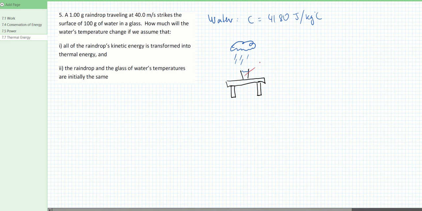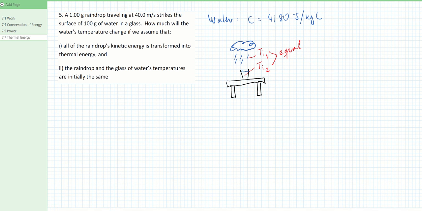So that means that the Ti2, and let's call the raindrop here our Ti1, are the same. So these are equal. And the other assumption, the first one says all the raindrop's kinetic energy is transformed into thermal energy.